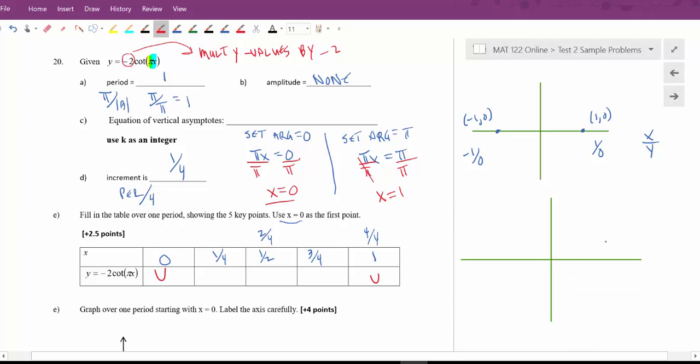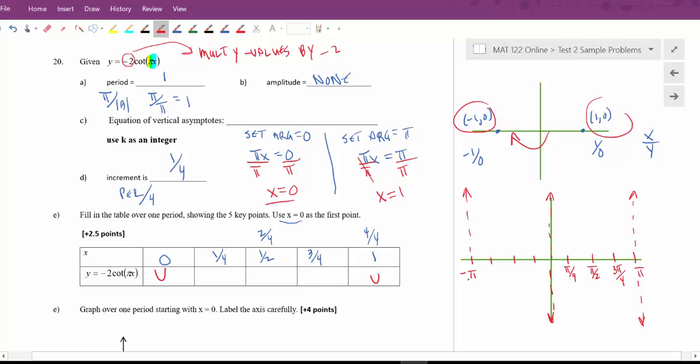What we learned on a cotangent graph is you go pi over 4, pi over 2, 3 pi over 4, and pi, and then you can go with the negatives like this. Well, we have an asymptote at pi. That's one of the places where the cotangent's undefined. We have an asymptote at x equals 0. That's another place where you're undefined. And if you went to negative pi, you would also be undefined.